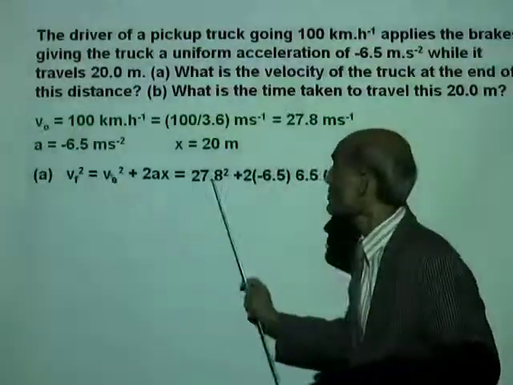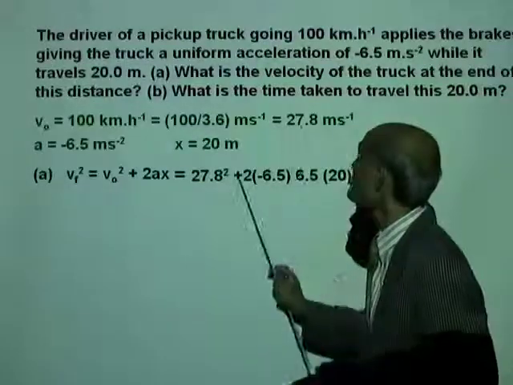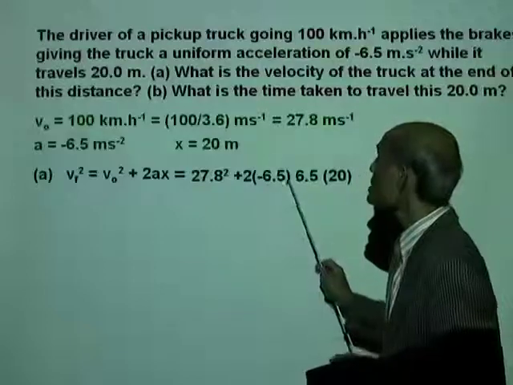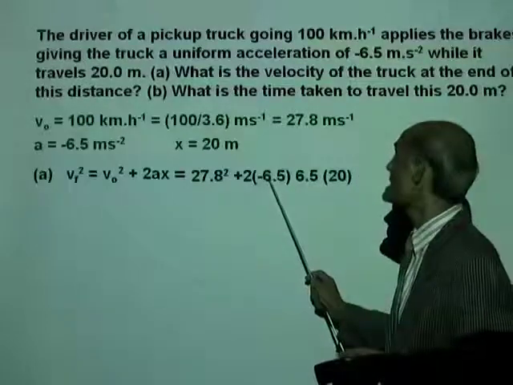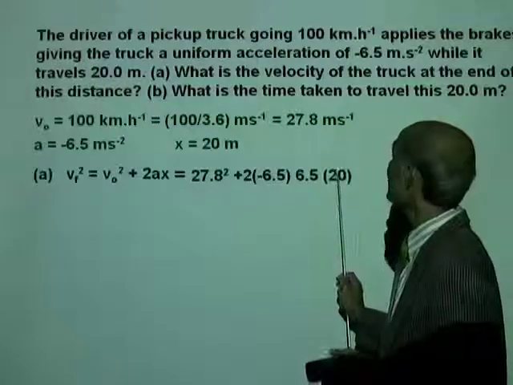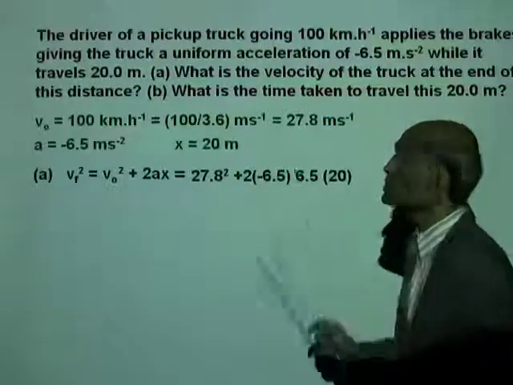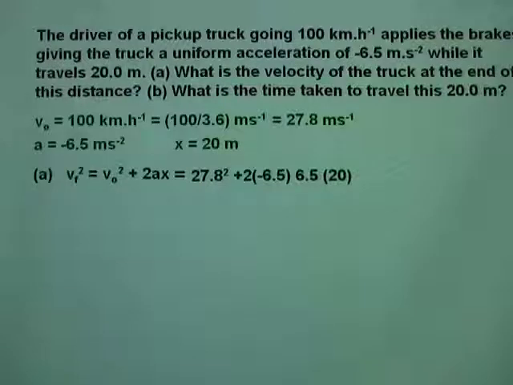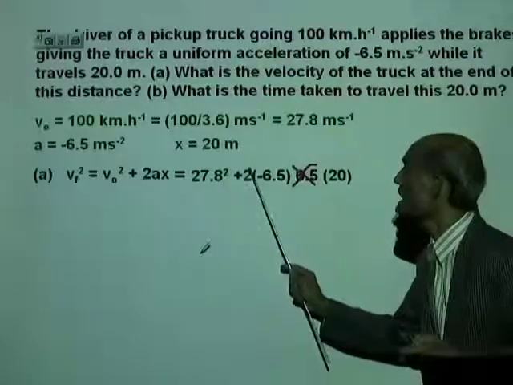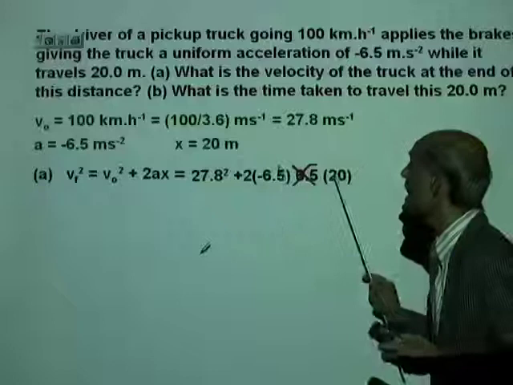That will be 27.8 squared plus 2 times acceleration, which is negative 6.5 meter per second squared, times x, which is 20. There is an additional 6.5, you need to cancel that. There is only one 6.5 there. So V0 squared plus 2ax.